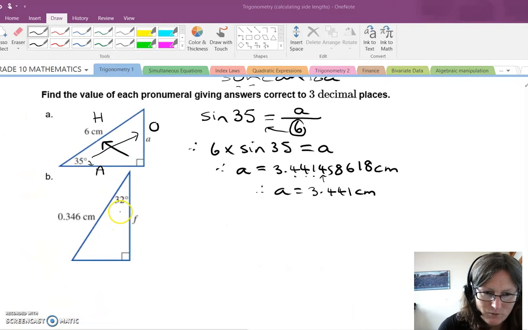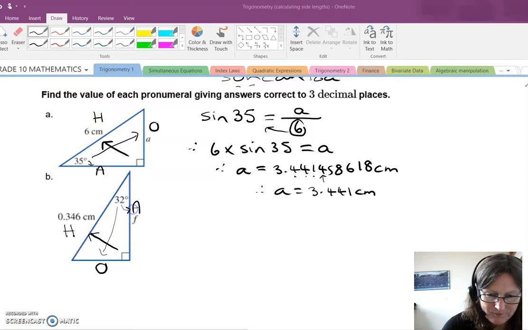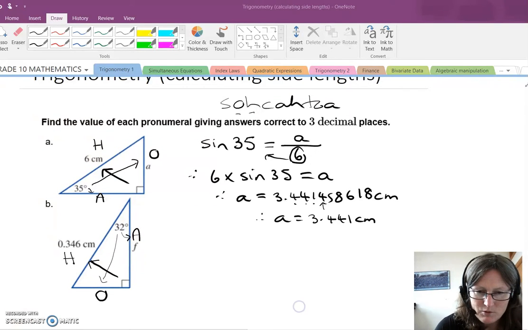Let's look at our next example. The marked angle is 32. This side opposite our right angle is the hypotenuse. The side opposite our marked angle is here, and the adjacent or the next door side is here. Let's go back up to our trig ratio or our SOHCAHTOA.